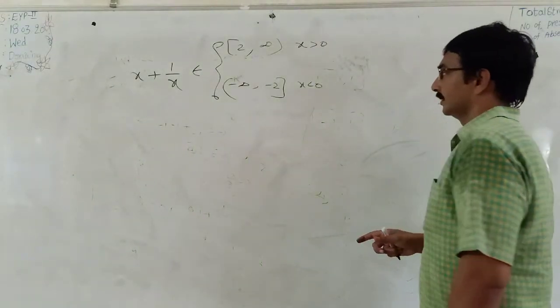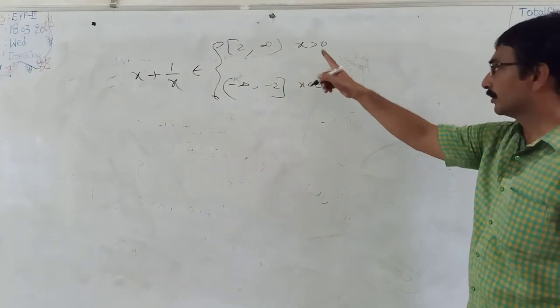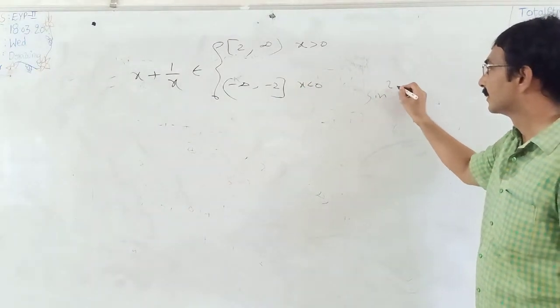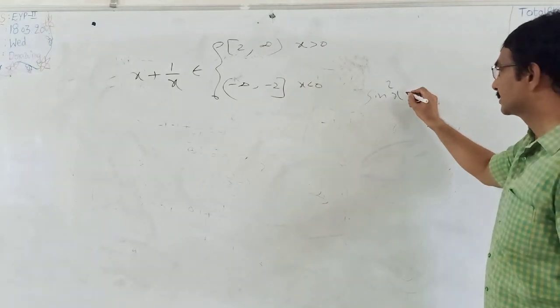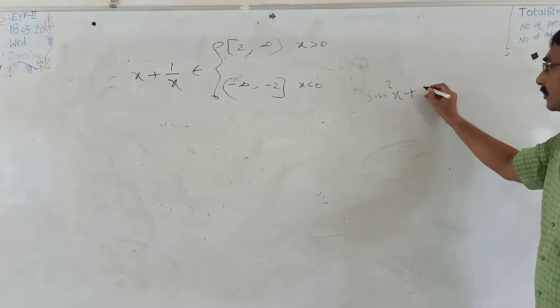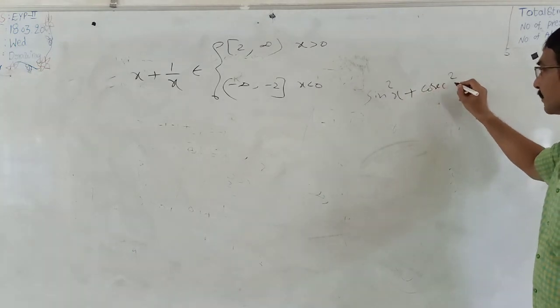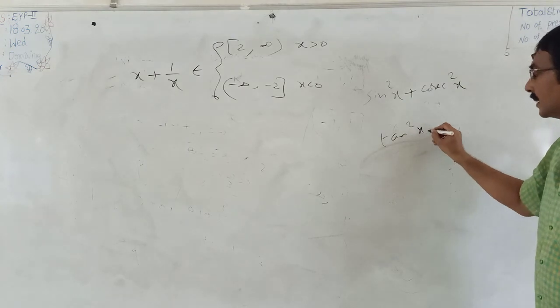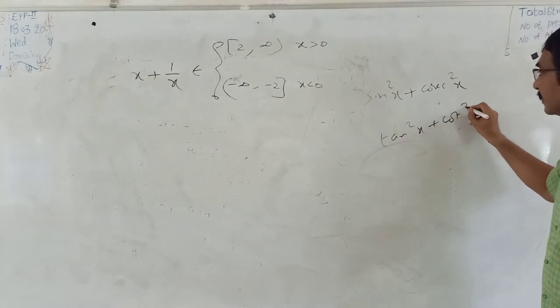See, here are problems based on this. Reciprocal pairs: sine, cosecant; cos, secant; cot, tan. Sin square x plus cosecant square x. Tan square x plus cot square x.